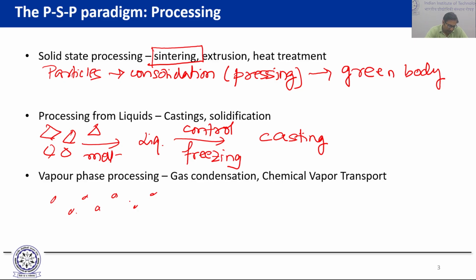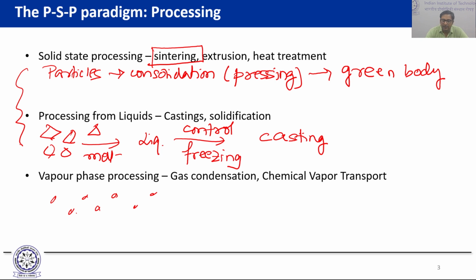For our purpose, we'll probably be focusing more on the first two parts, which is processing from liquids, or casting and solidification type of processing, or processing in the solid state, which could be sintering, injection molding, extrusion, heat treatment, dry pressing, that type of conditions.